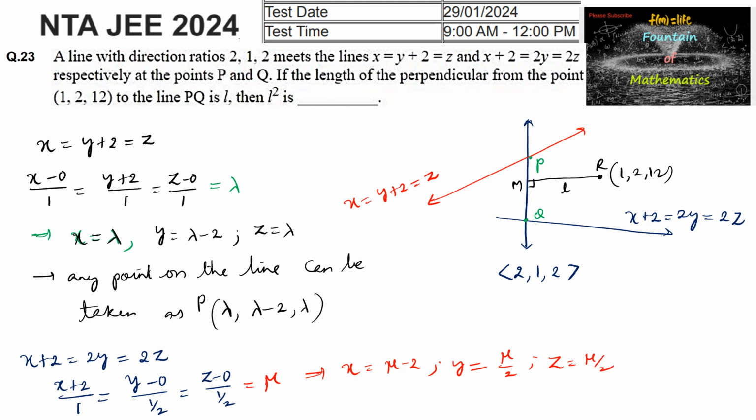So any point on this line can be taken as, say let Q be the point, mu minus 2 comma mu upon 2 comma mu upon 2. So we got the points P and Q in terms of lambda and mu.